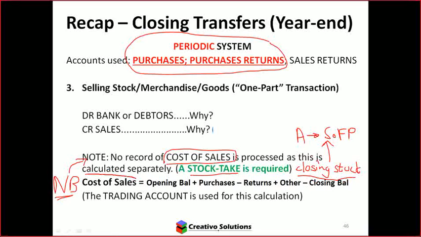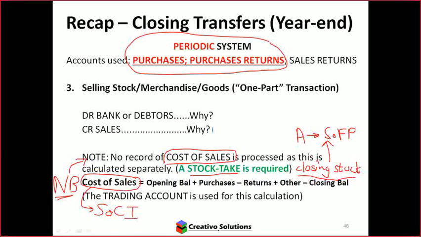Where do I put the cost of sales? Isn't that going to be income? Well, no. Cost of sales is an expense, so the statement of comprehensive income. 100%.